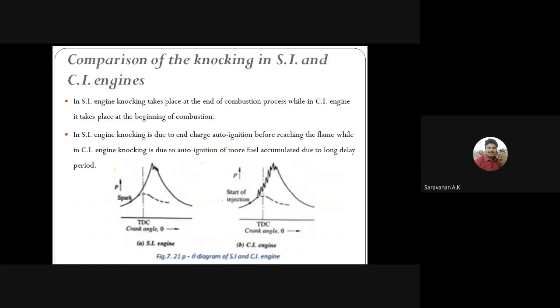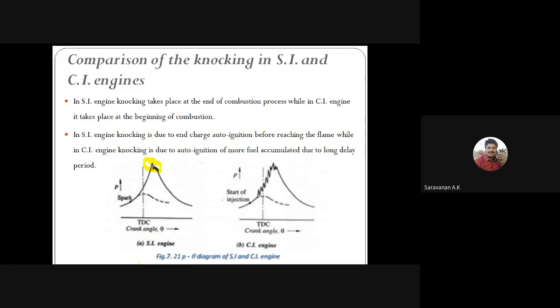So here you can see the comparison. In the SI engines, knocking occurs at the end of the combustion stroke. Once the compression takes place, the fuel gets into the combustion chamber as an air and fuel mixture, then the spark is produced. At that time the flame propagates in a uniform manner.